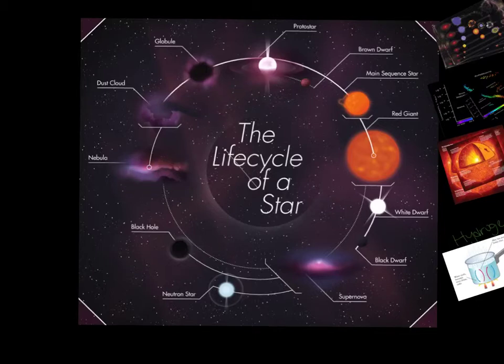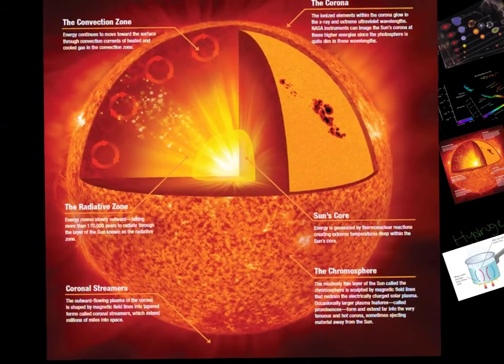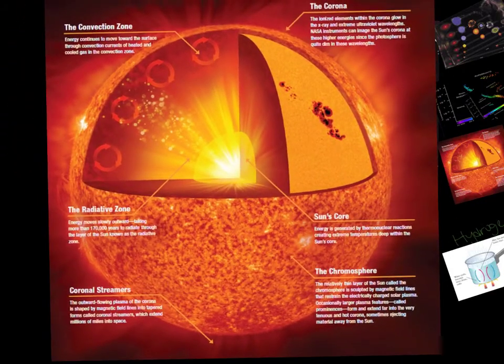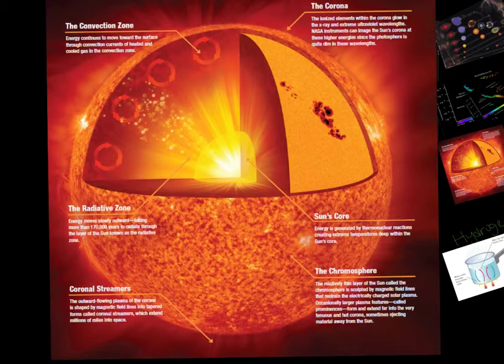Our protostar is actually very unstable. Why is it unstable? Because the radiative zone is going crazy. It's creating so much energy that it's just swelling, condensing, swelling, condensing.